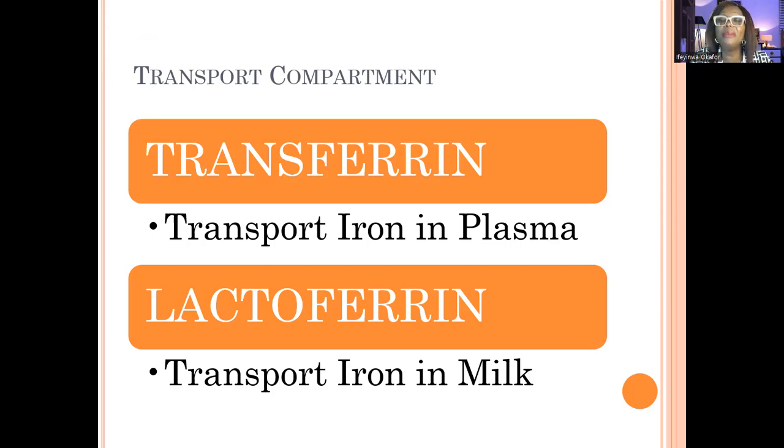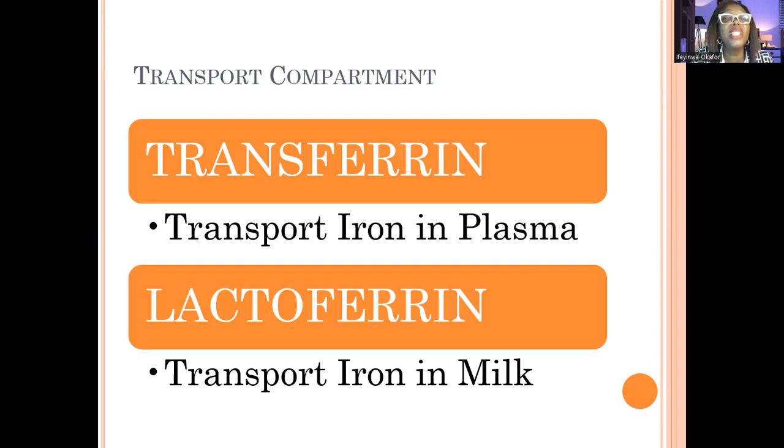At any point in time, iron is incorporated into one protein or the other, either as stored iron in the form of ferritin or hemosiderin, or as transport iron in the form of transferrin and lactoferrin, transferrin in plasma or lactoferrin in milk. You also have iron as part of functional iron in hemoglobin, myoglobin, and as part of enzymes.